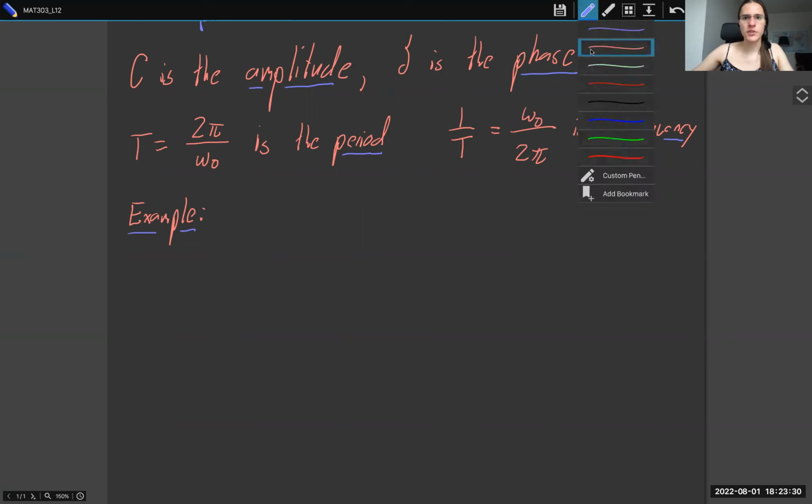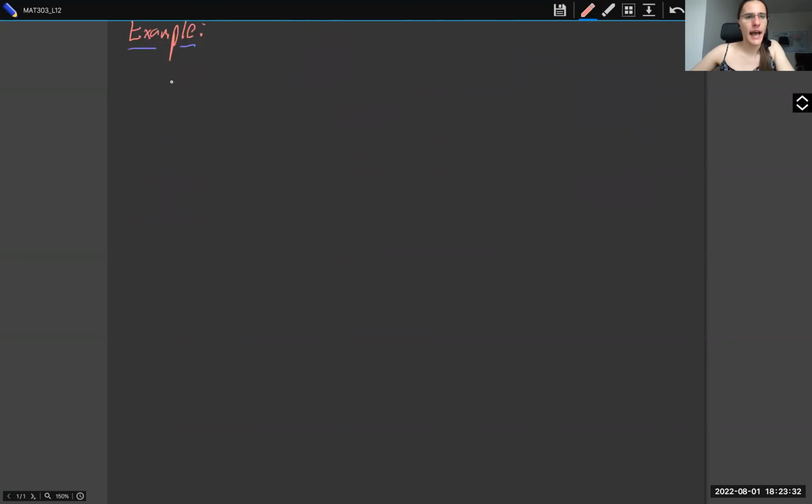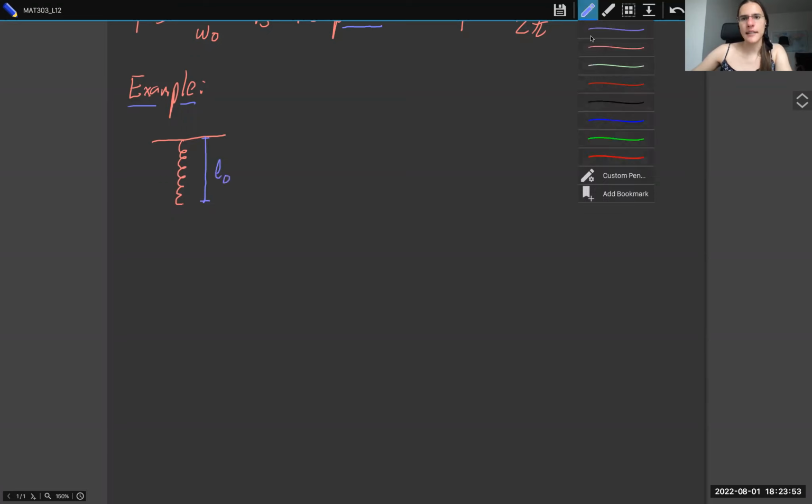What we're going to do is assume that we have a spring. When the spring is just sitting there, it has height L naught. Then we're going to take the spring and attach a mass to the end of it.